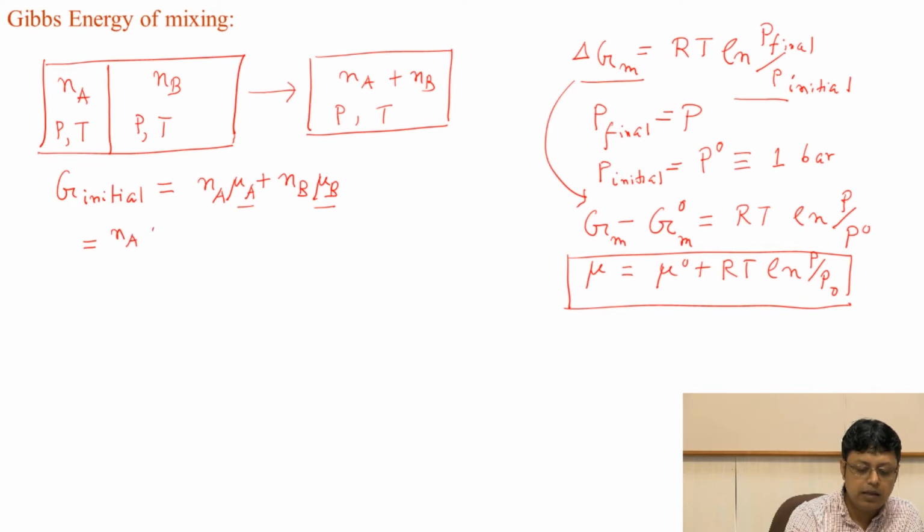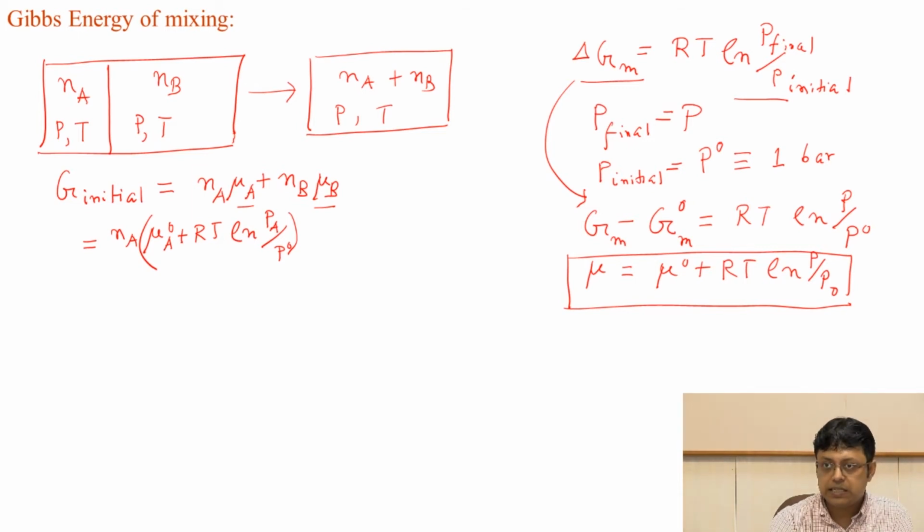So let us write it. I'll have Na times mu_A0 plus RT ln(P_A/P0). There is no point in writing P_A0; P0 is the same for everybody. It's just the standard condition, which is 1 bar. Some textbooks drop this P0, which means there is an inherent P0, and they just write ln P. But remember that this P is unitless, it has to be, because it's the logarithm of a number.